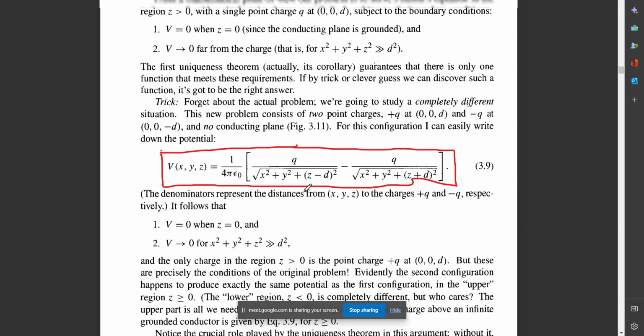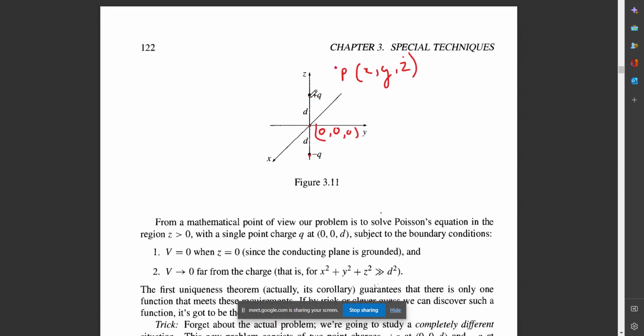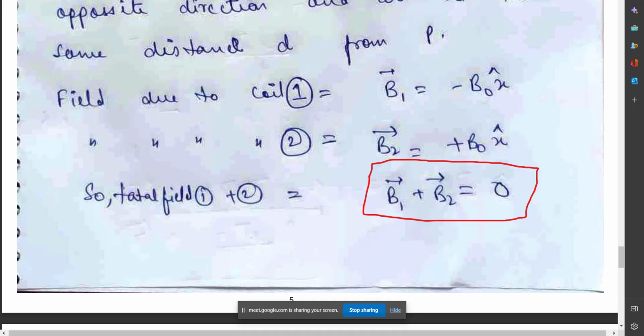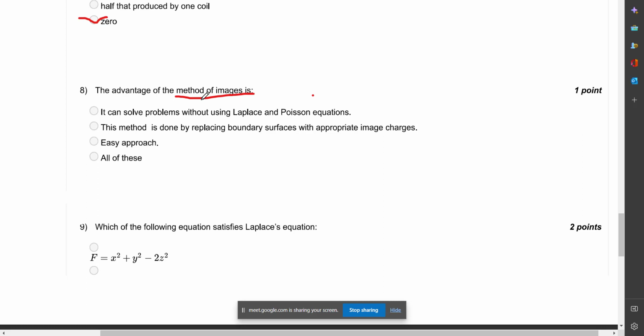In the method of images, for a point charge q and an infinite grounded plane, we put an image charge at the same distance from the grounded plane with the negative sign, then remove the grounded plane and directly find the potential at the point from the plus q and minus q charges, and that will be our answer.